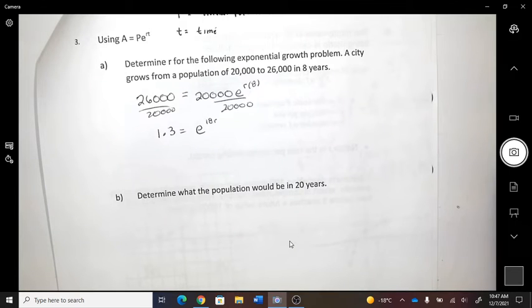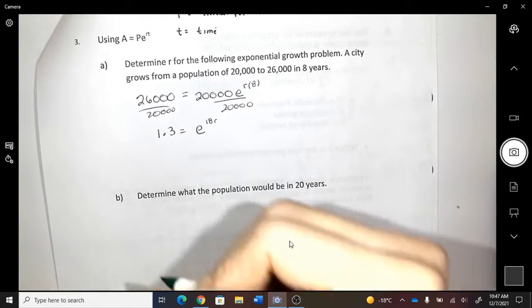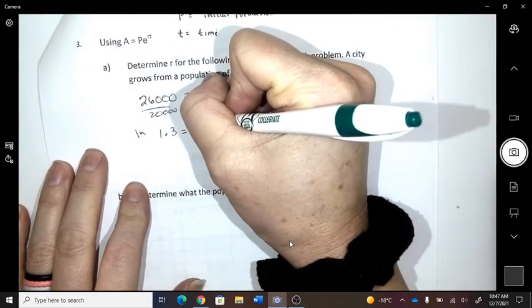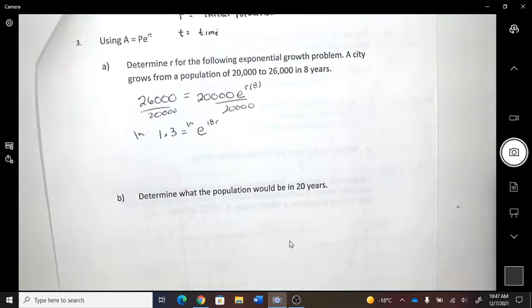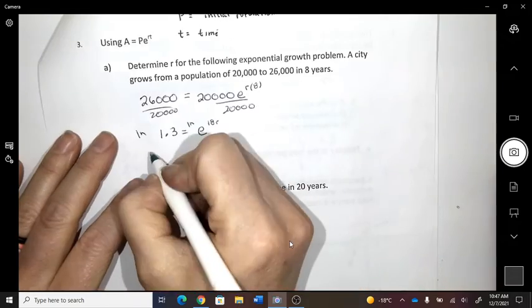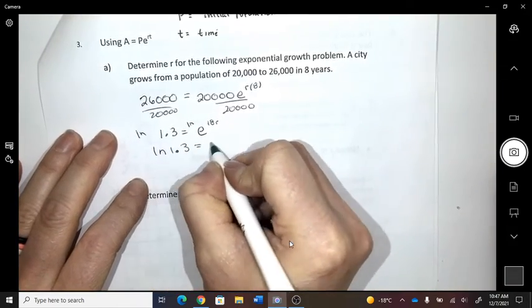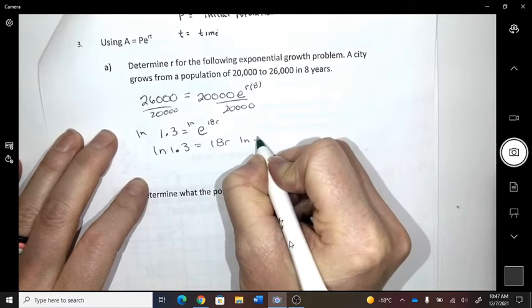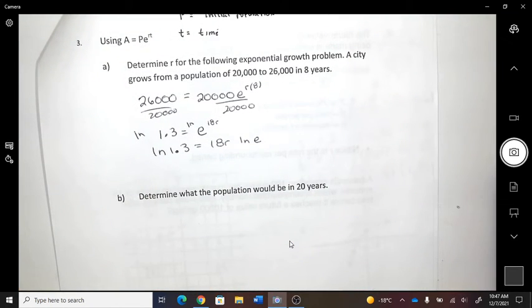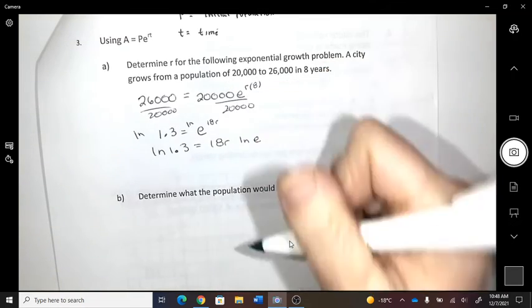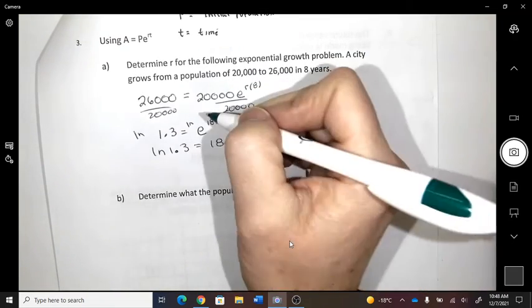Okay, my variable is in my exponent, which means I'm going to have to log both sides. But I do see an e here, so it might be easier if I ln both sides. So move the exponent to the front. Oh, why did I put 18 is a good question. It's just 8.